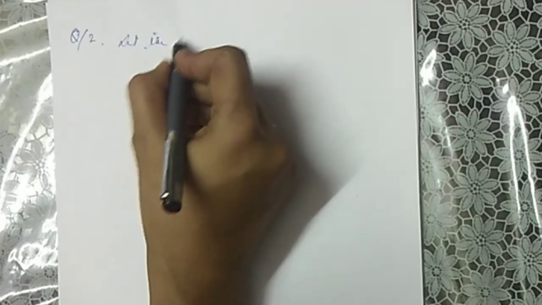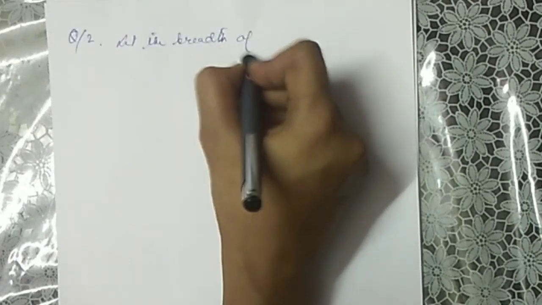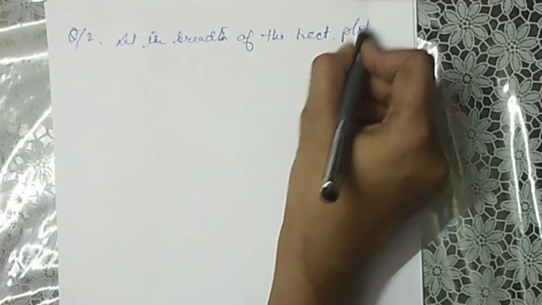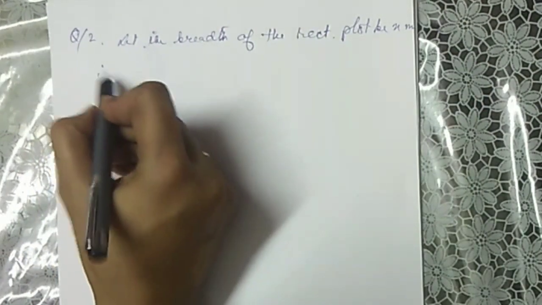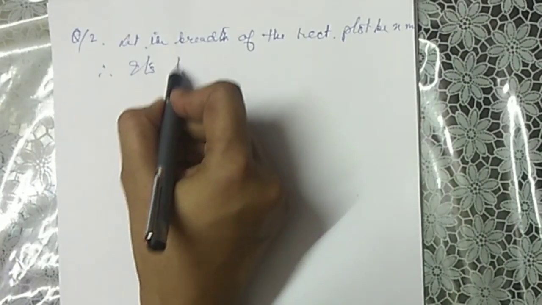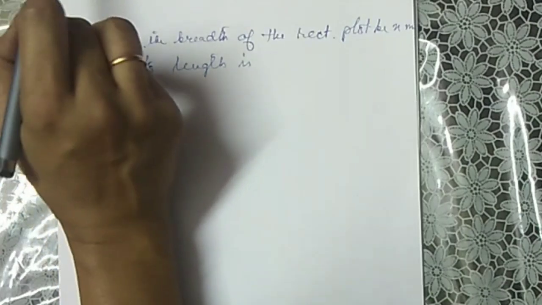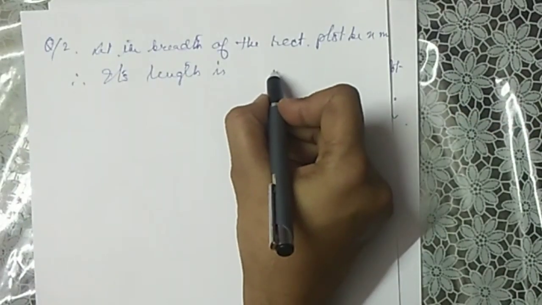Let the breadth of the rectangular plot be x meter. Therefore, its length is, see the condition, length is 1 more than twice the breadth.